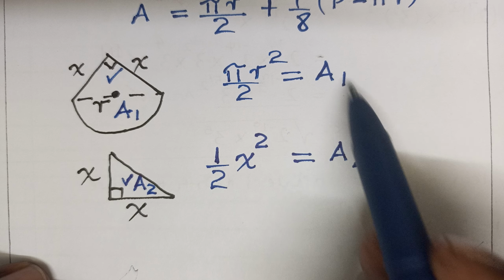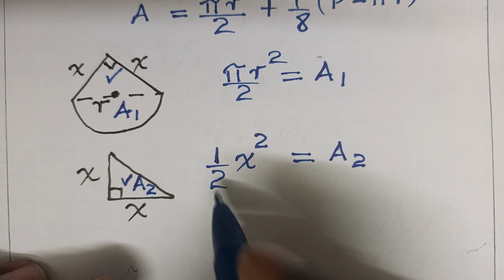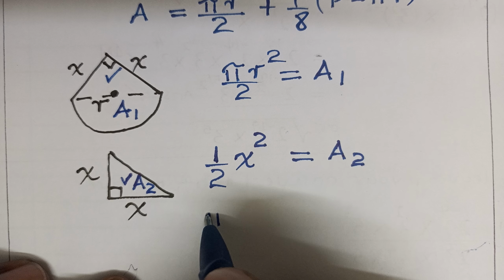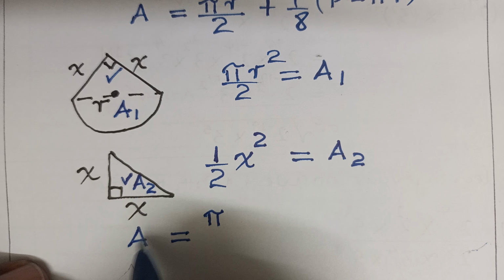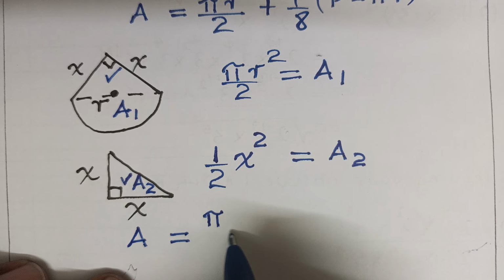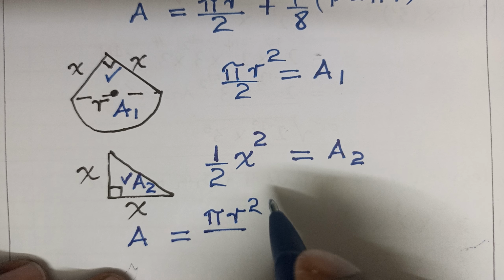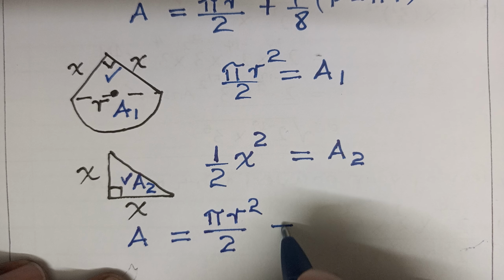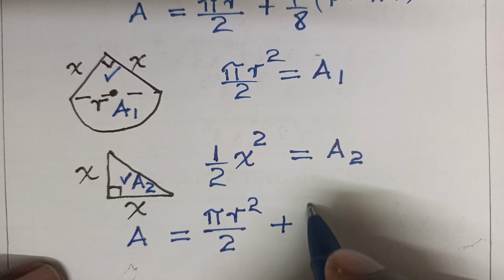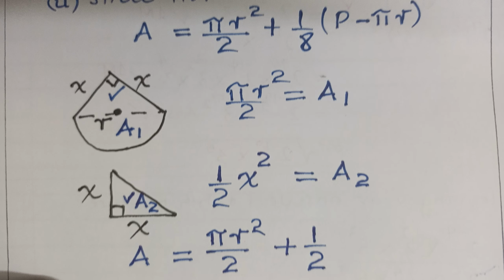Now we can combine both together. That is A1 plus A2. So we shall have the area from there is pi r squared all over 2, now plus a half multiplied by x squared.